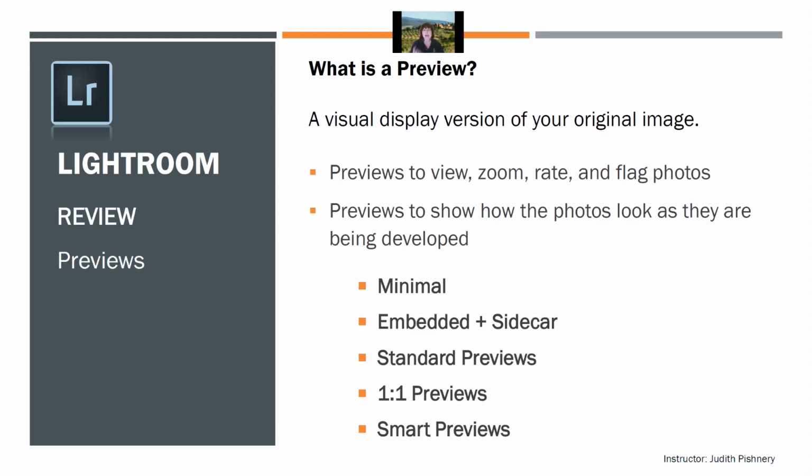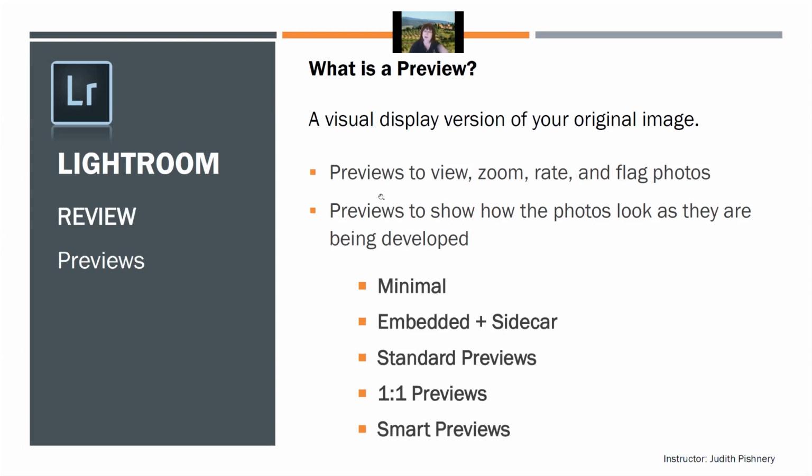But when Lightroom adds the images to the catalog, it creates a preview of the image. This is a visual display version of your original image, and it makes Lightroom work faster because it's not having to reference that large original file. It's referencing the preview that is with the Lightroom catalog.